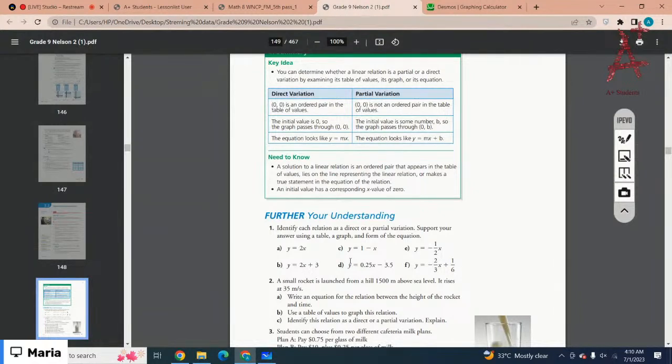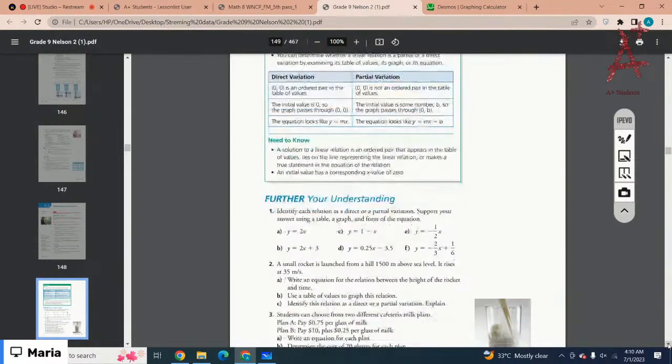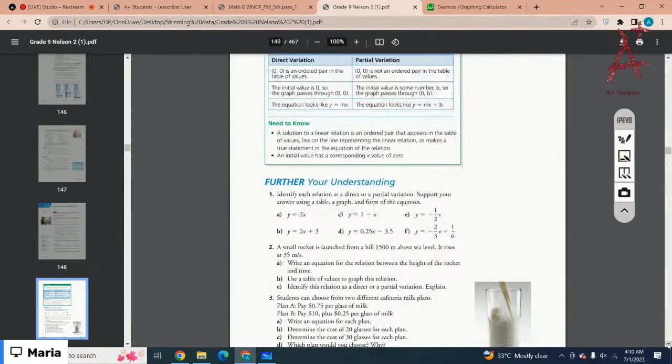A small rocket is launched from a hill 1500 meters above the sea level. It rises at 35 meters per second. Write an equation for the relation between the height of the rocket and time.